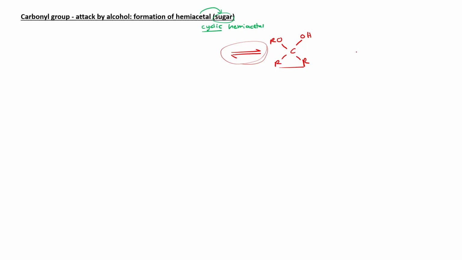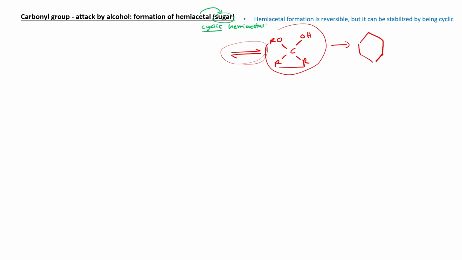But if this can be converted into a ring, for example like this, then it becomes more stable. Hemiacetal formation is reversible, but it can be stabilized by being cyclic.